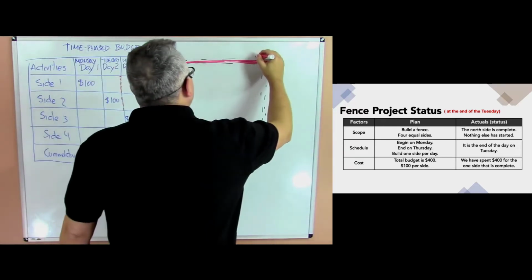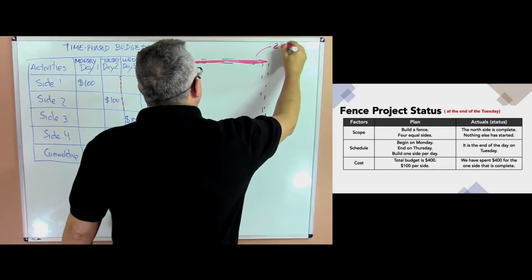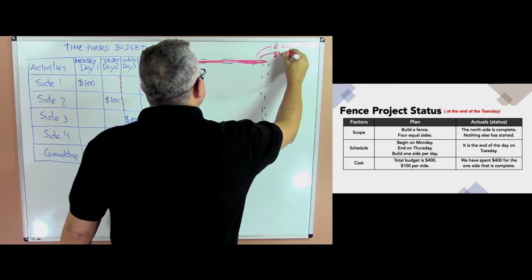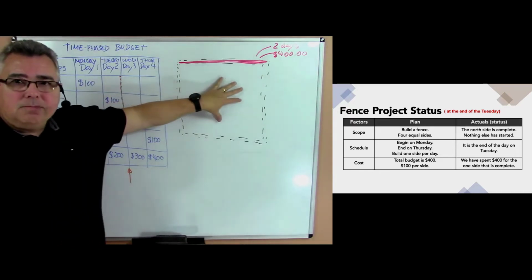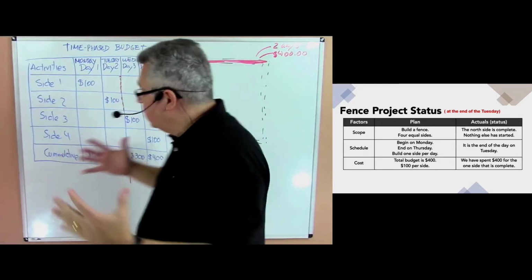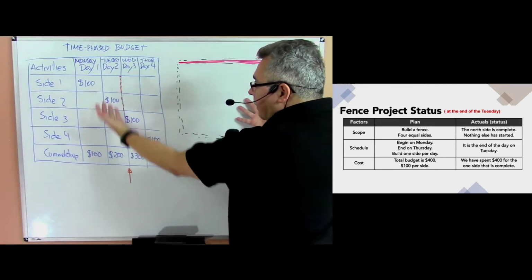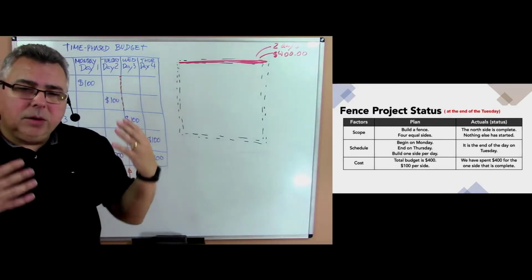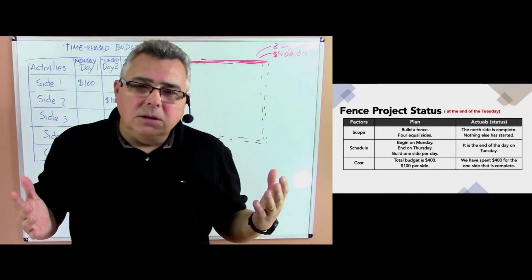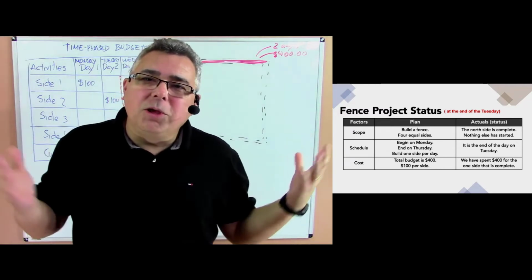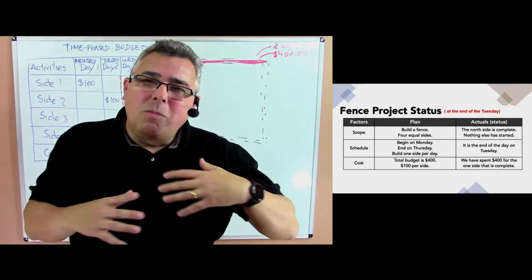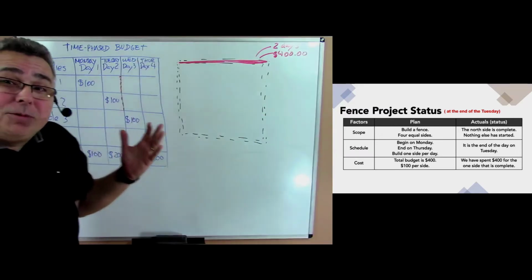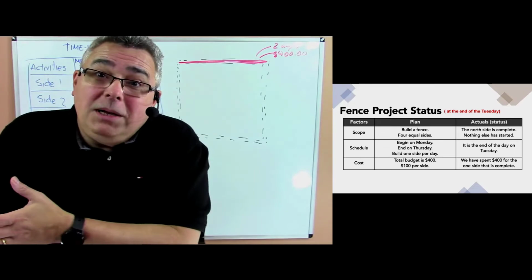So the guys took 2 days to do that side and $400. That's a problem. Here I want you to understand, we have the plan and the real execution. You can see that because you're a project manager. How much over budget do you think you are? You have to go back to the client. You have two options: stop the project or get more money to do the project.